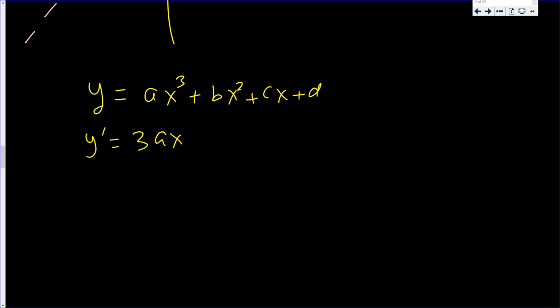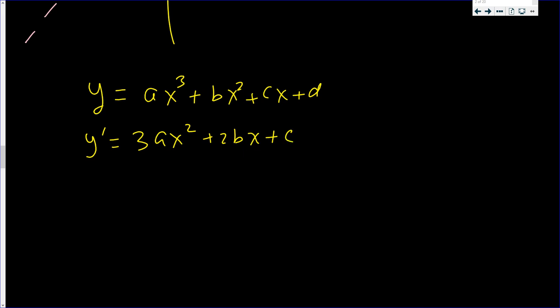Now, I'm going to show you another way of doing this problem. I'm going to derive a formula for a cubic. This is only for cubics. A general equation of a cubic is ax cubed plus bx squared plus cx plus d. Now, we want to find out the first derivative and where it's 0. Well, the first derivative is 3ax squared plus 2bx plus c. Oh, that's a cubic. Sorry, that's a quadratic.